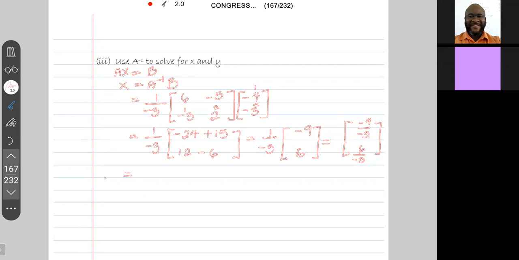This is x, y, and this is equal to 3, and then minus 2. Therefore, x is equal to 3, and y is equal to minus 2.